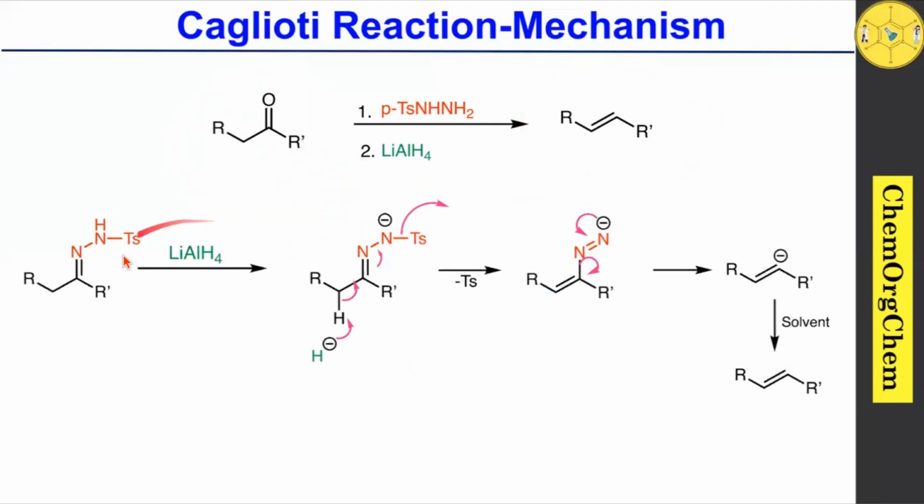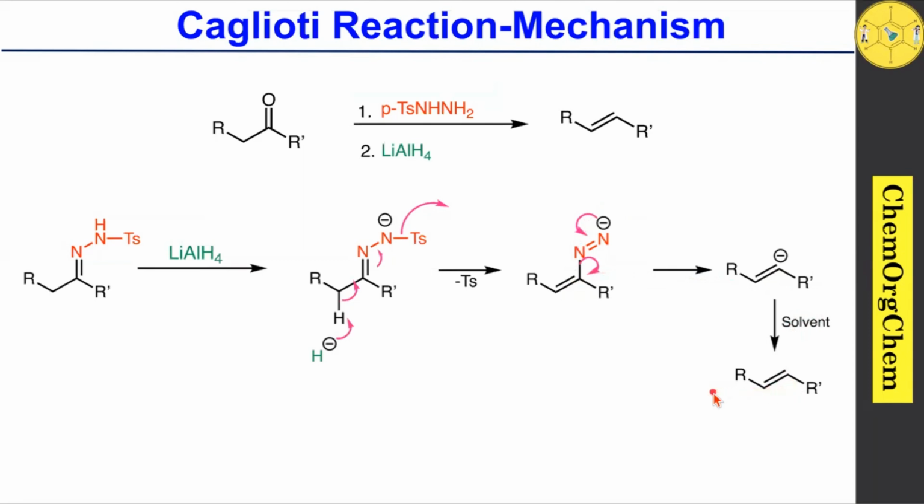Now you see here lithium aluminum hydride reacts with the corresponding tosyl hydrazone. This lithium aluminum hydride produces a hydride base, and that base readily takes the proton from this alpha carbon, followed by this electron shift, this pi electron shifting towards here, which kicks off the para-toluene sulfonate ion, producing this corresponding intermediate, then nitrogen gas is kicked off. That produces the corresponding alkenyl carbanion, which then readily takes a proton from the solvent to produce the alkene product.